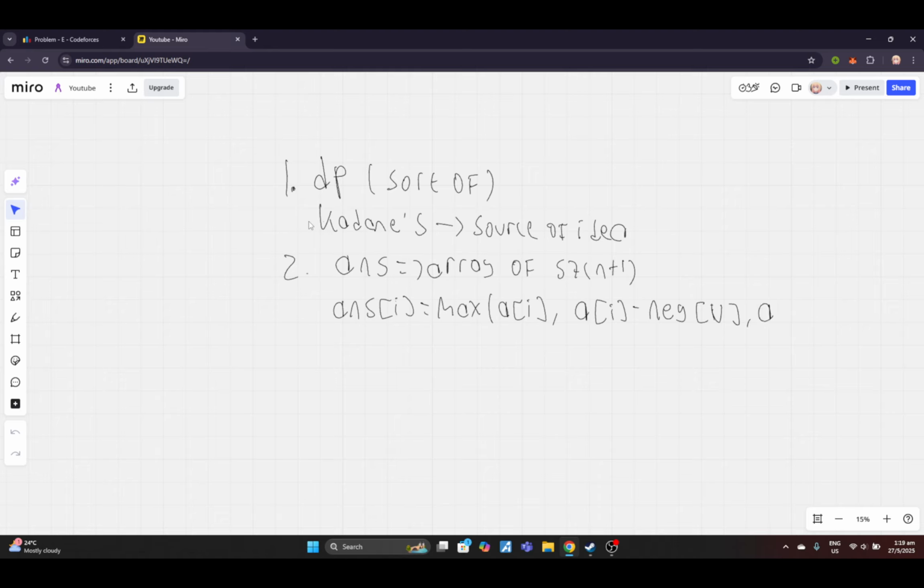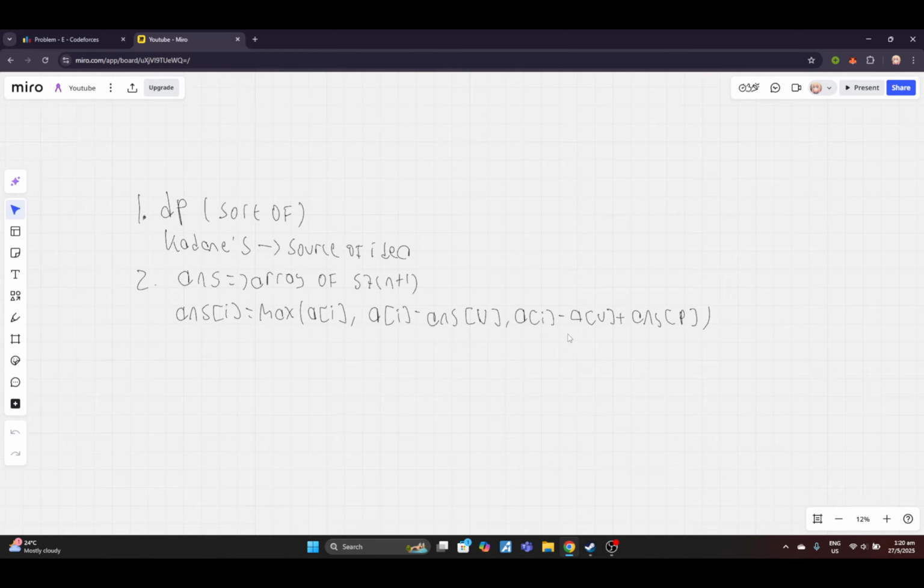And then a i minus a u, plus, oops, it's not negative, sorry. It should be answer. My previous idea was to have positive and negative, but it was wrong. I'm sorry. So a i, and then answer p. Okay, I've written this down. So is this the formula?